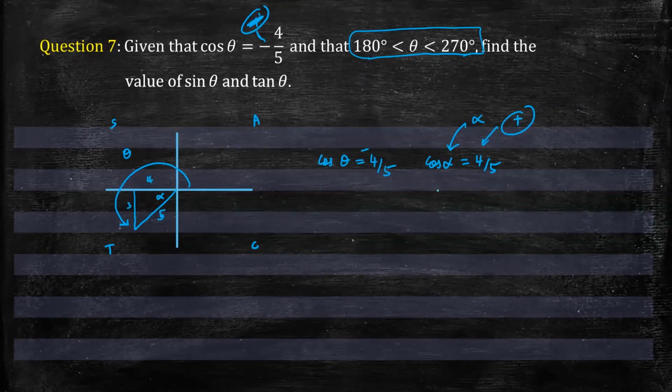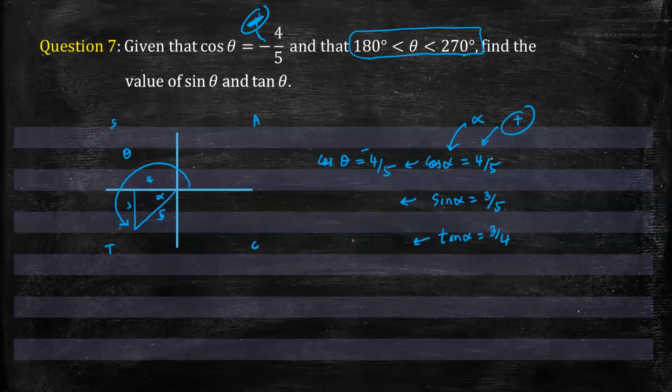So if that's the case, what would be sine alpha? Sine here would be opposite on hypotenuse, which is 3/5. And tan alpha, tan would be opposite on adjacent, which is 3 on 4. Notice how all of these ratios I'm keeping as positive numbers. So now we want to go backwards to our original answer.